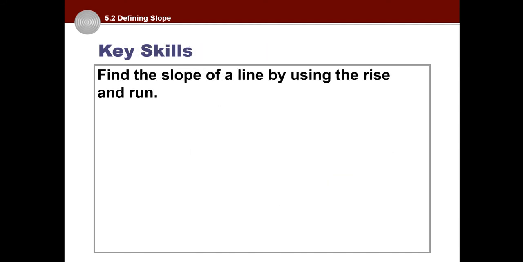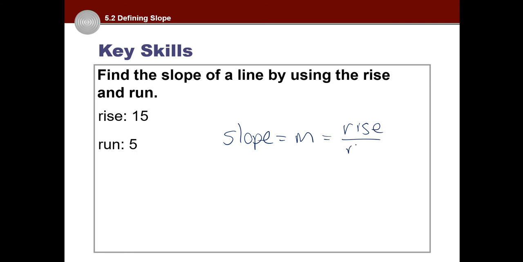So first, we're going to find the slope of a line by using the rise and run. I'm going to tell you the rise and I'm going to tell you the run, and it's going to seem almost too easy. The rise is 15, the run is 5. If slope is the same thing as m, and that's the same thing as your rise over run, then we're going to use m from now on: m equals rise over run.